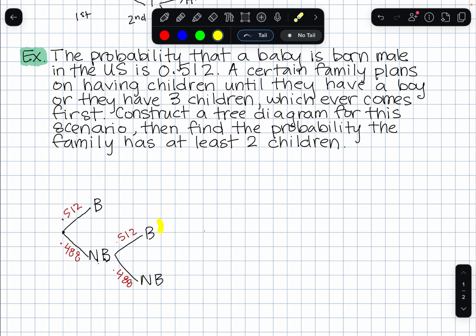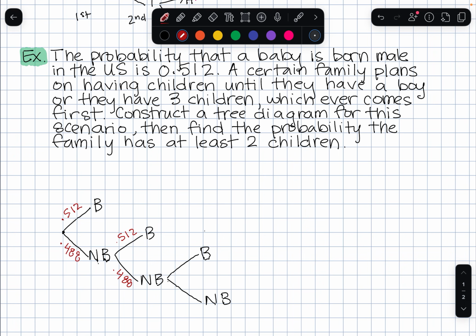If they had a boy on the second go, they stop. Keep having children until they have a boy or they have 3 children, whichever comes first. Well, they had a boy before they had 3 children, they stop. If they had 2 births that were not boys, they're going to have a 3rd child. And that 3rd child could be a boy or a not boy.